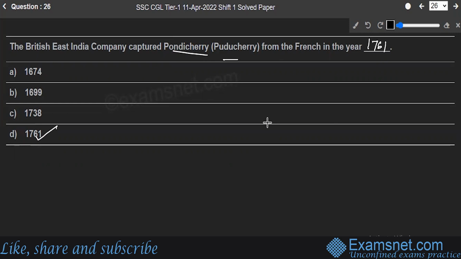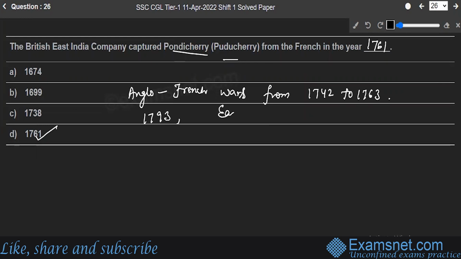Puducherry changed hands throughout the Anglo-French wars from 1742 to 1763. The British East India Company acquired control of the territory during the French Revolution in 1793, and it was returned to the French East India Company in 1814.